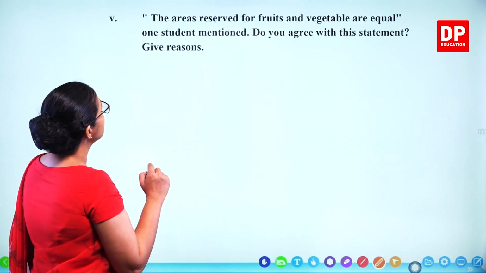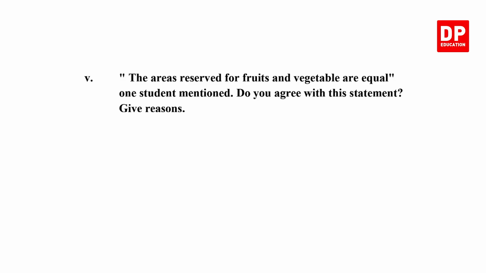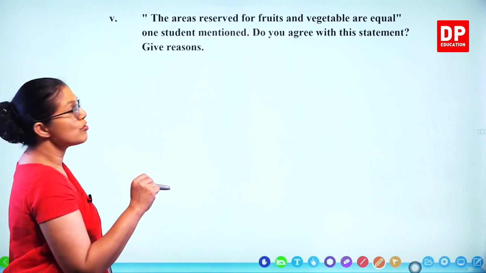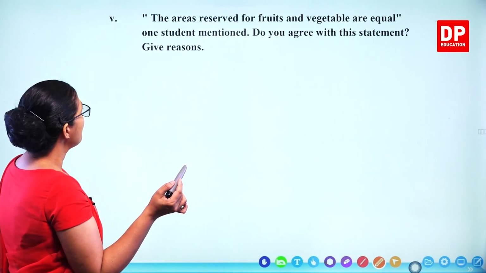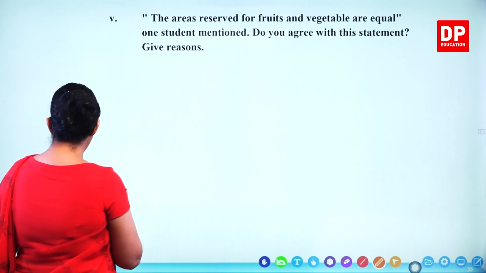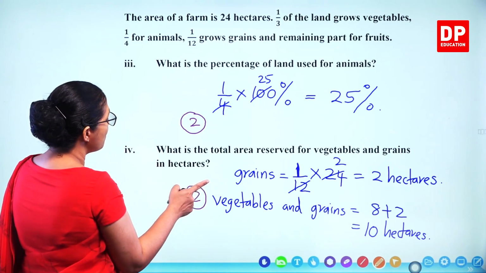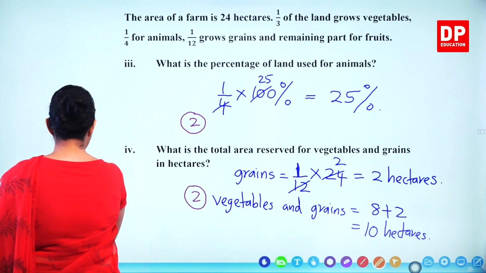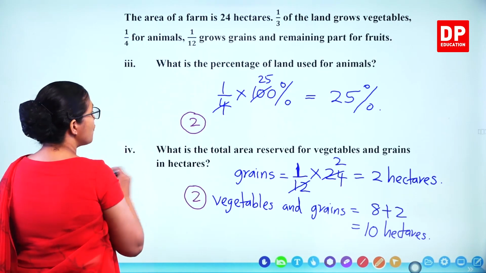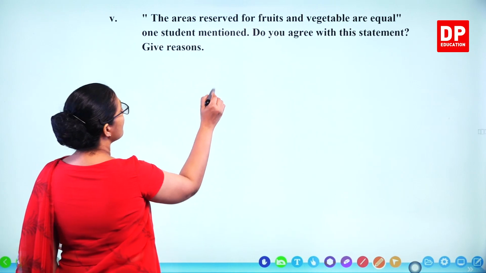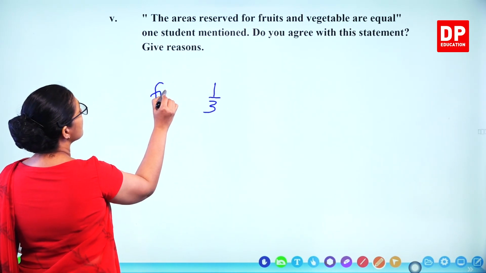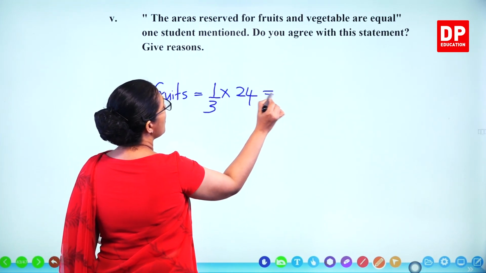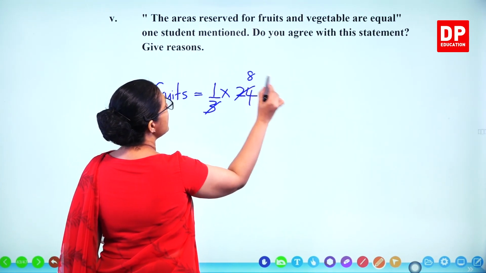And the last part: the areas reserved for fruits and vegetables are equal. One student mentioned this, do you agree with this statement or not? Give reasons. The area reserved for fruits we found is 1/3 of 24, that's 8.